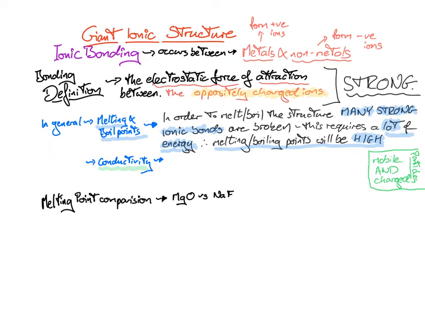So conductivity. Well, if we take a solid ionic, are the particles mobile? No, they're not. And what particles are we talking about? We're talking about oppositely charged ions. In a solid, the ions are not mobile, therefore cannot carry current, therefore no conduction.